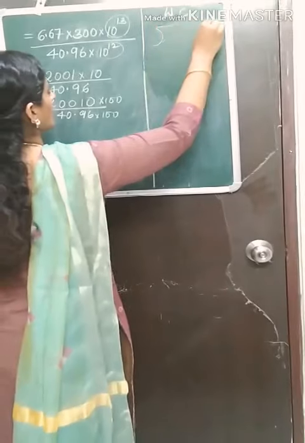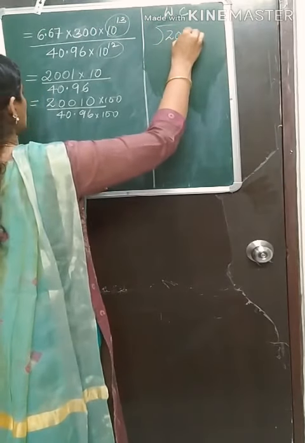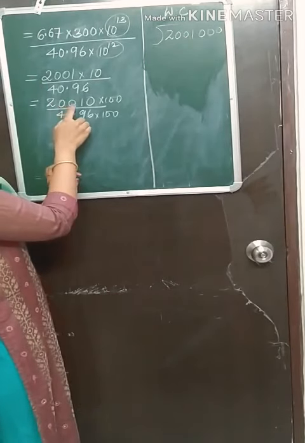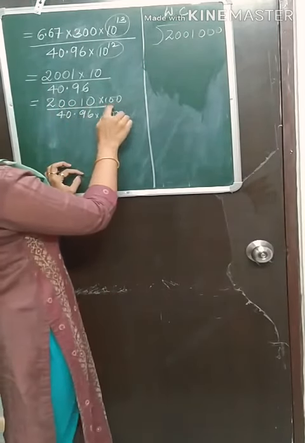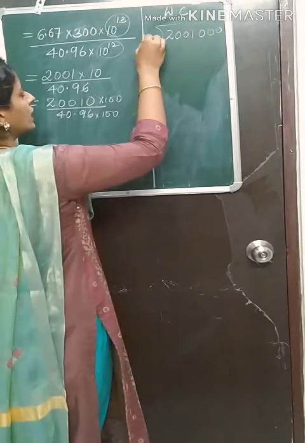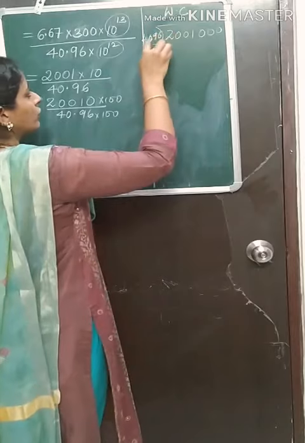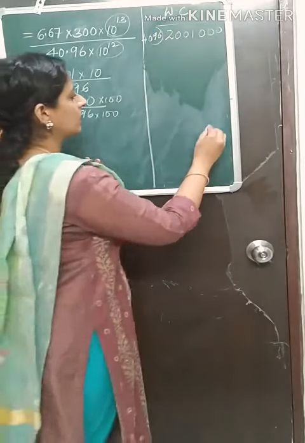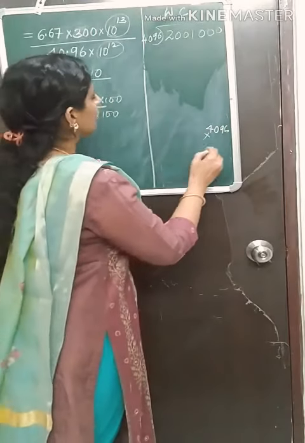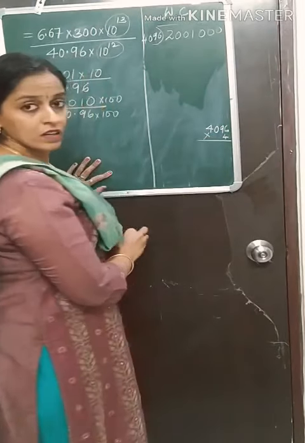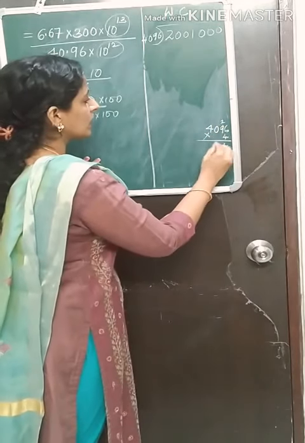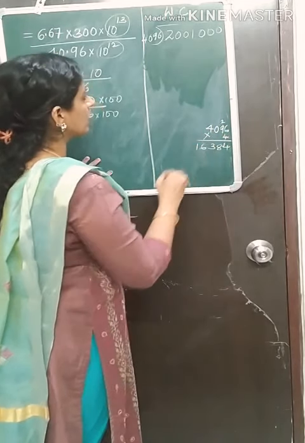So we got 2001000, that is 20010 and 2 zeros, divided by 4096. Now we want the 4096 table. Let me try for 4s. 6 4s are 24, carry 2, 9 4s are 36, 38, carry 3, 4 4s are 16.